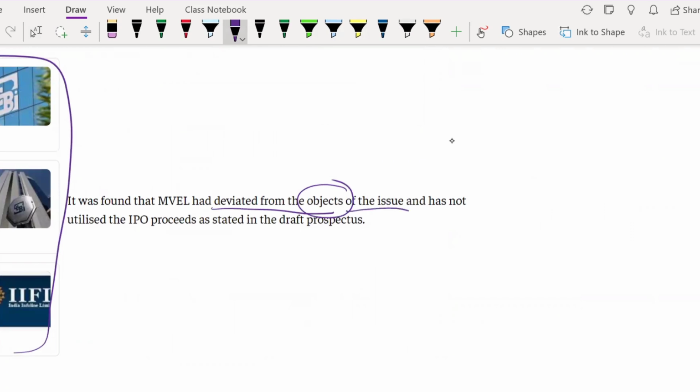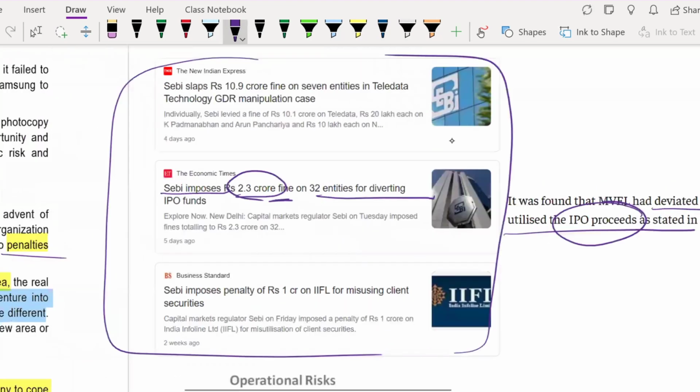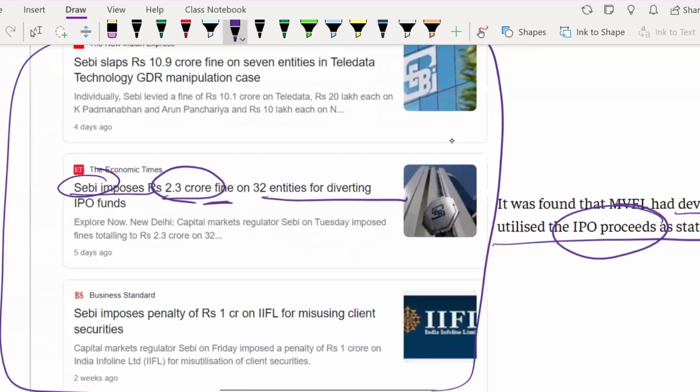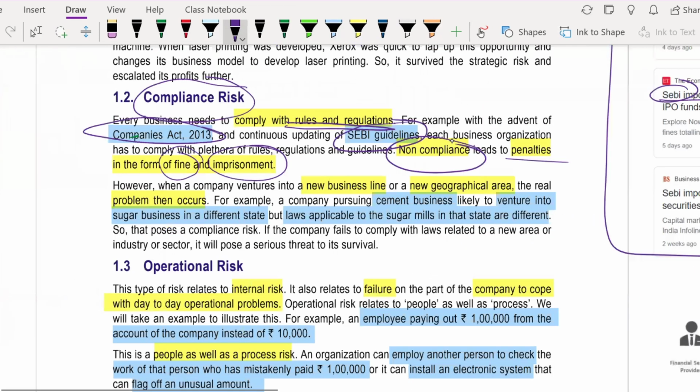Whenever you issue an IPO, there are a few objects that you state in your prospectus, saying these are the objects for which you're going to use the money. If you don't utilize the IPO proceeds for the reasons stated in the draft prospectus, then SEBI can impose penalties on you in the form of fines and imprisonment, right? So this is what has happened. So this is one risk to the company. Now the company's image would have been affected because of this. Correct. Yes. So that is compliance risk.